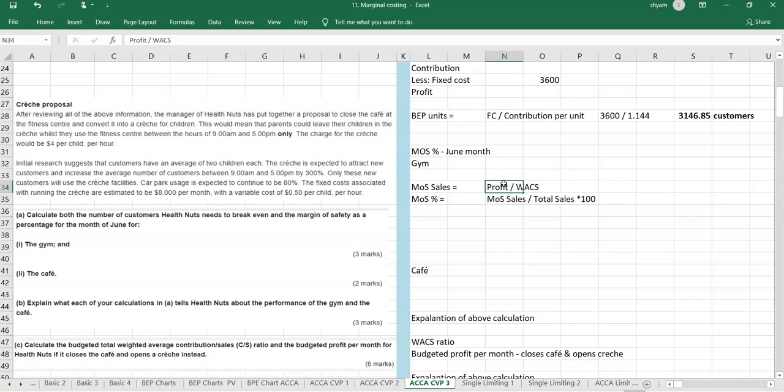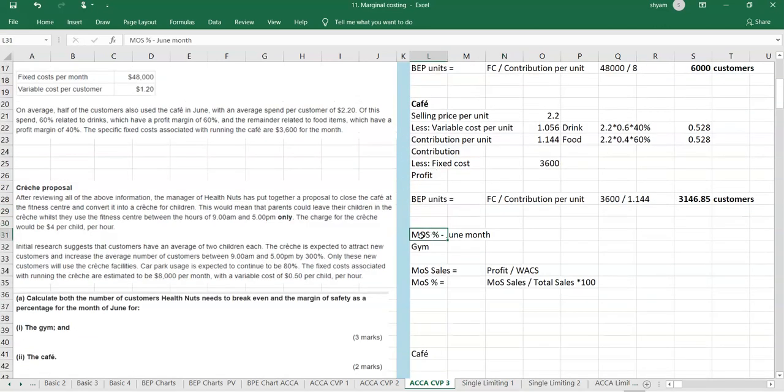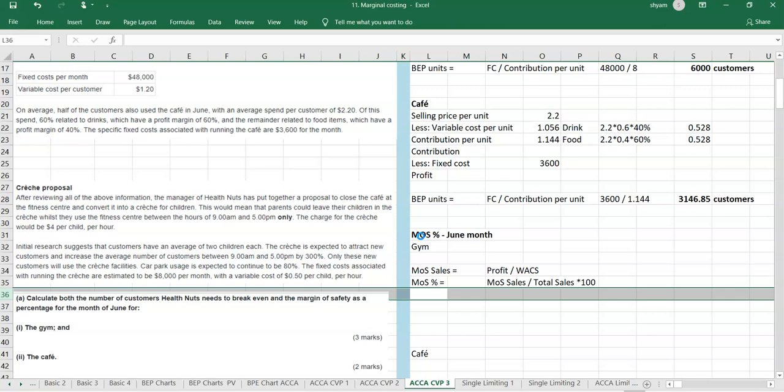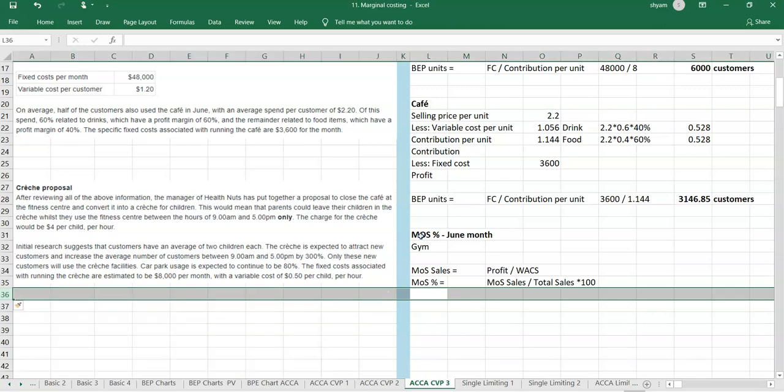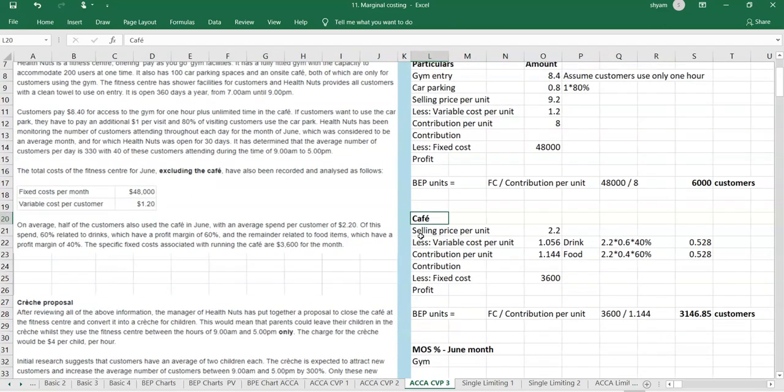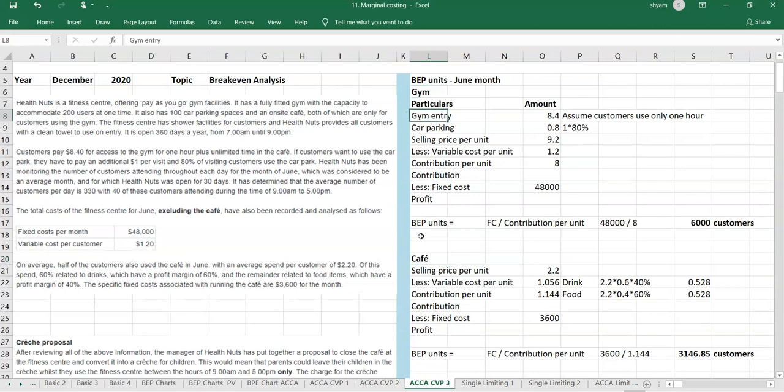So you have to find out the total contribution and the total sales and the total profit. So this is going to take a lot of time. So we'll take these information and we'll try to work it out.